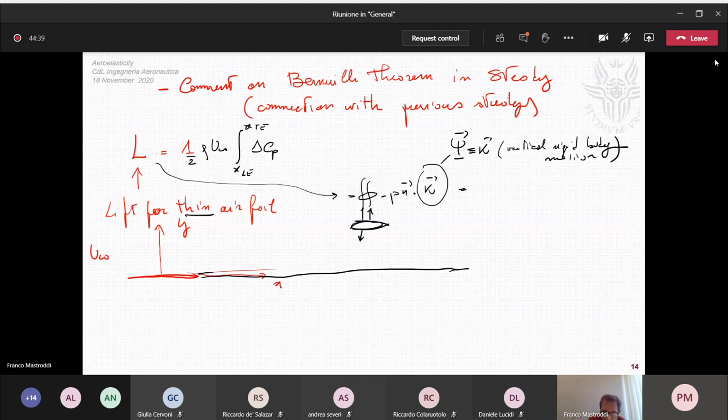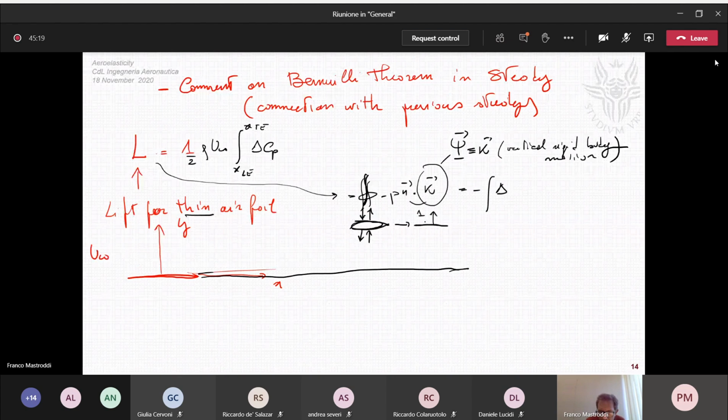When you take the limit of the thickness going to 0, this integral becomes just a line integral of delta P. N dot K is 1, because the upper normal becomes 1.